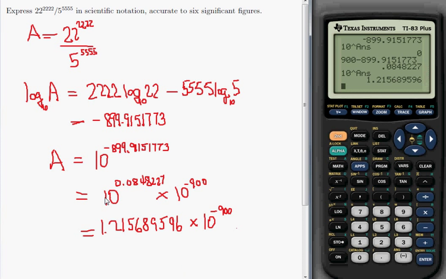Now I really shouldn't have carried so many decimal places. Here I had 1, 2, 3, 4, 5, 6, 7 significant digits, and so this is probably only good to 7 significant digits. So up to here we're probably good. But the other digits here certainly are questionable.